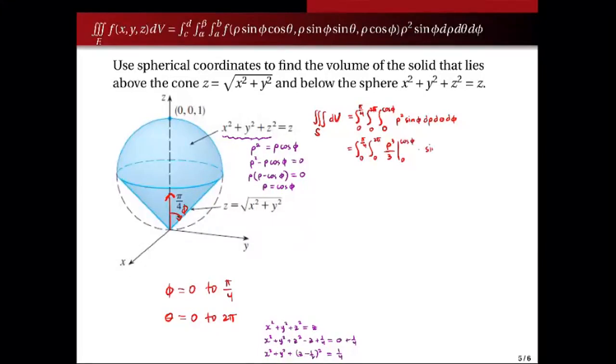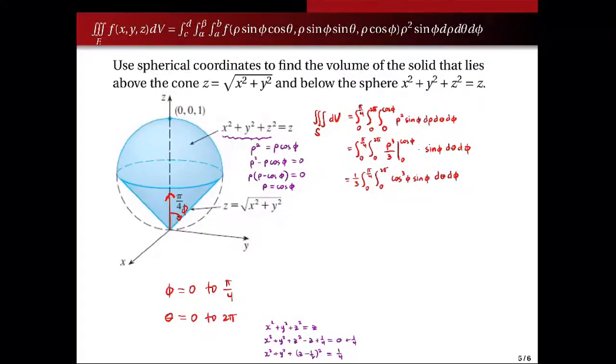Then you will have your sine phi d theta d phi. So you will have 1/3 integral from 0 to pi over 4, integral from 0 to 2 pi, cosine cubed phi sine phi d theta d phi.